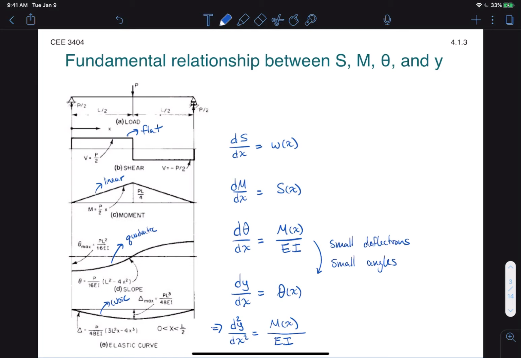That is what's called the double integration method, and it's explained in detail along with the derivation of these relationships in section 7.2 in the book. However, in this class we won't go very deeply into this method. Instead, we'll take a more qualitative approach to drawing deflected shapes. But it is important that you understand fundamentally what the relationships are between shear, moment, angle, and deflection.